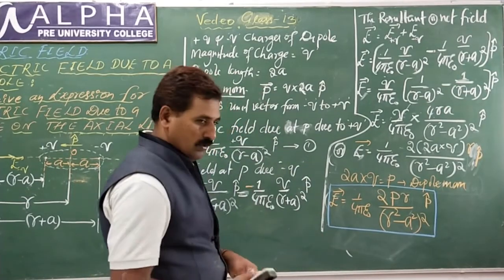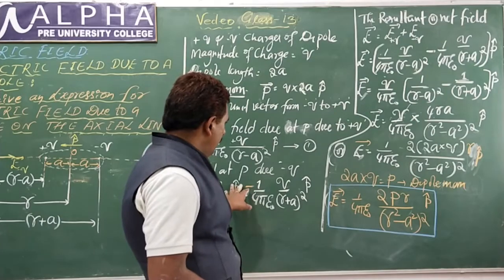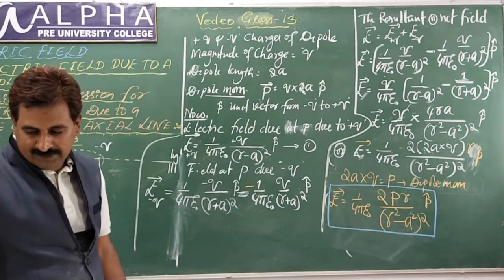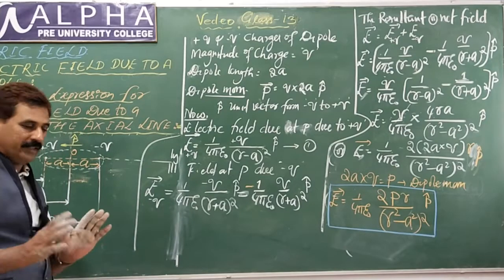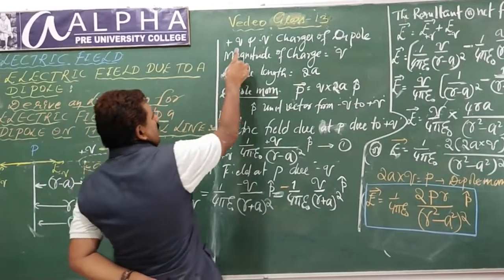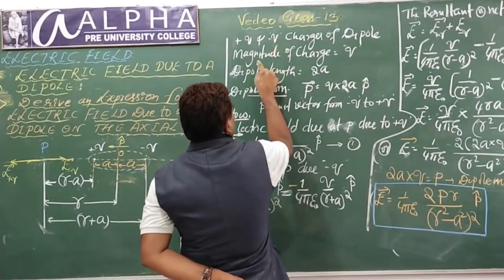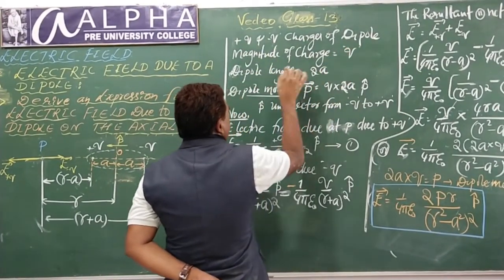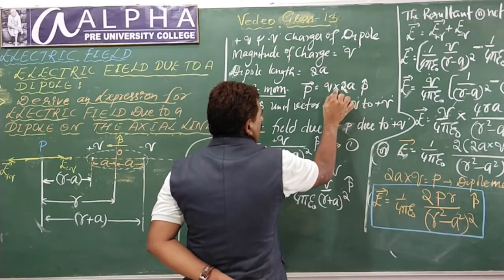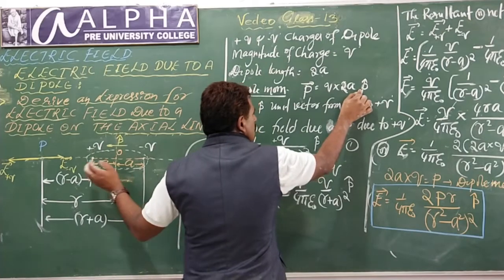Before I move on, I'll revise it once again. Look back at what we did. Students, this is a dipole having charges plus q and minus q, with the magnitude of charge q only. Dipole length 2a, dipole moment 2a into q, and the direction is from minus q to plus q.